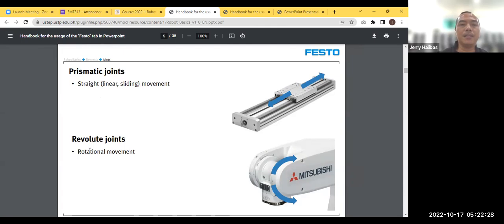Then we have the rotational movement, also known as revolute joints. So it is able to rotate, whereas the prismatic joint is only linear. It just slides. Okay?